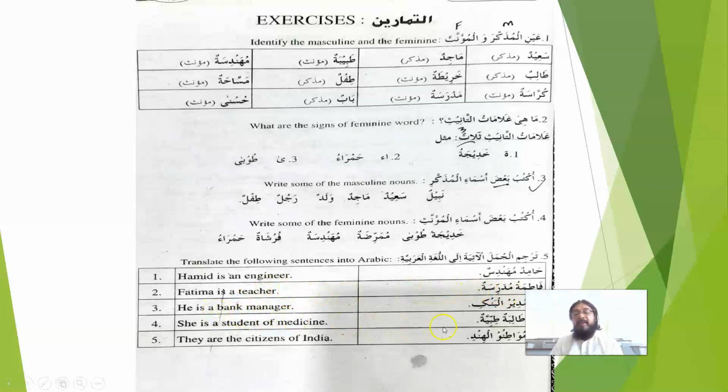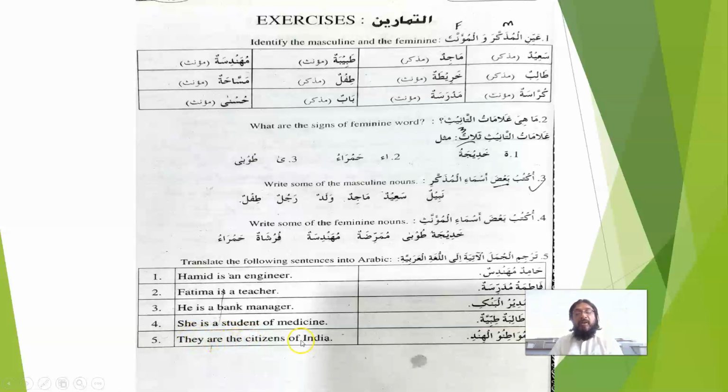He is a bank manager. Huwa, he. Mudirul banki, bank manager, manager of the bank. She is a student of medicine. Hiya means she. Talibatun tibbiyatun. Tibbiyatun, medicine. Talibatun, student.